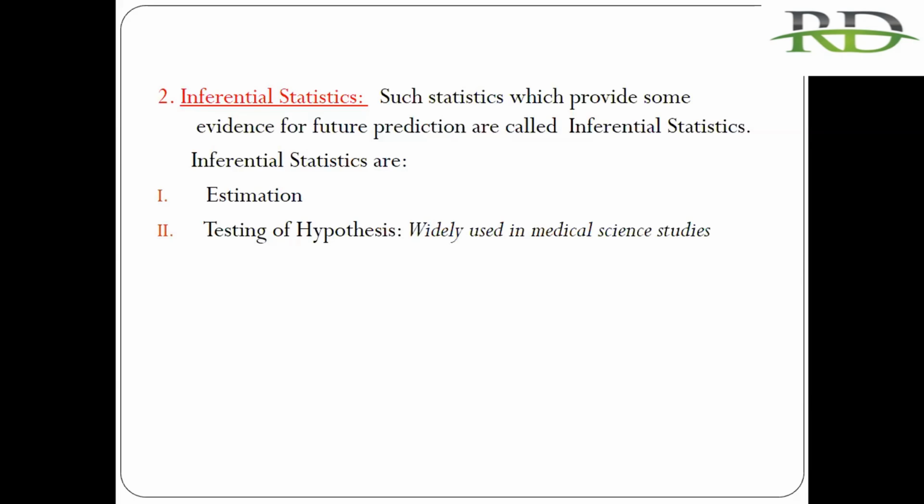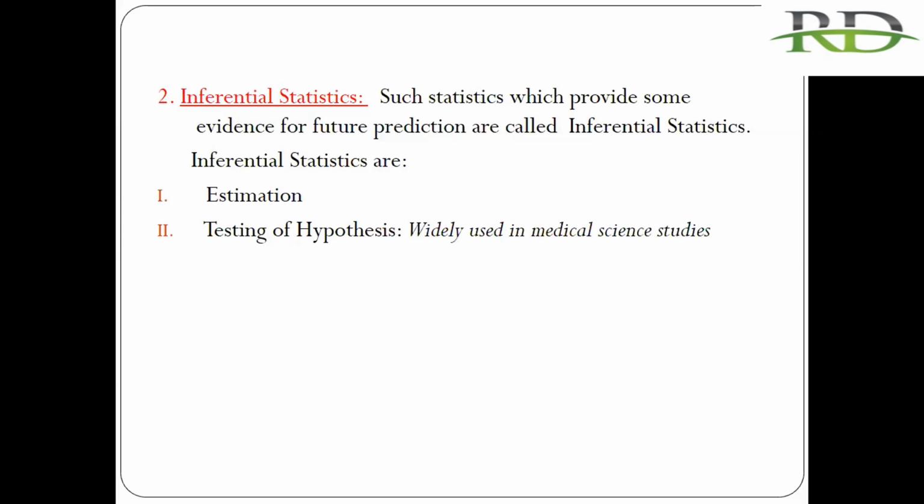Whatever known population and known information you have, on the basis of that information you are making inference about the unknown, right? This whole process is called statistical inference. Such statistics which provide some evidence for future prediction on the basis of a known sample is called inferential statistics.